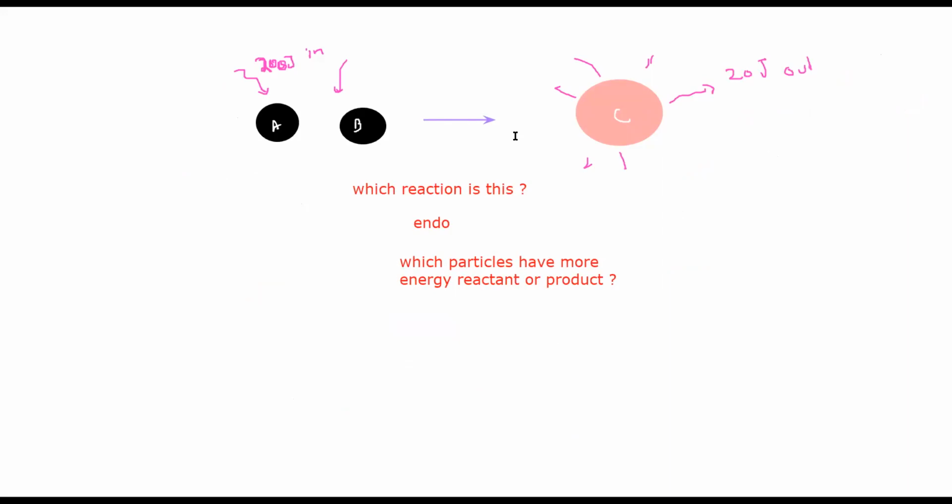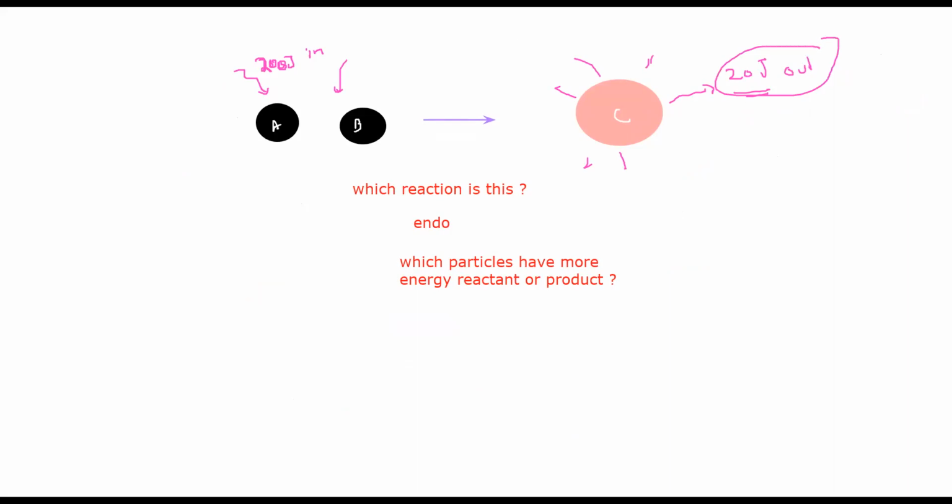Because the product is releasing only a small amount of energy, the reactants absorb 200 and form the product, and the product only releases 20 joules of energy.